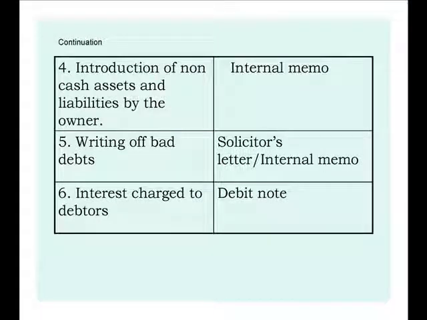Drawing of non-cash assets by the owner, internal memo. A memo is issued. So the memo is the document that you use as an accountant to record this, because the owner acknowledges the receipt of this particular item and its value is given. Again, introduction of non-cash assets and liabilities as part of capital, internal memo.